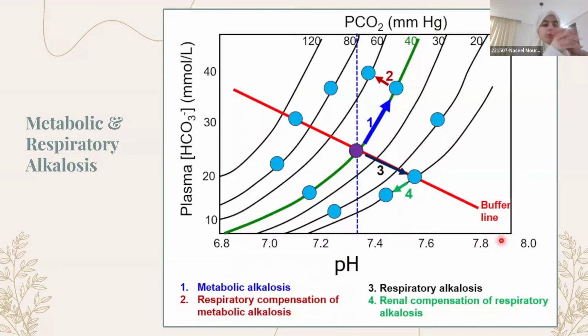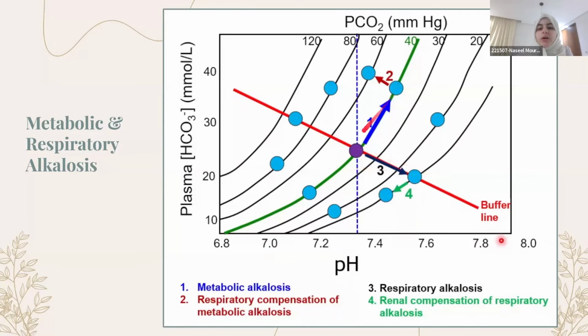Now, this is about metabolic and respiratory alkalosis. So it's the opposite, but it's technically the same thing. So I'll go through it briefly. Now, for this first arrow, number 1, you have the same isobar of 40. Whenever you move along an isobar, this means that you're having a metabolic disturbance. If you're moving along the buffer line, you're having a respiratory disturbance.